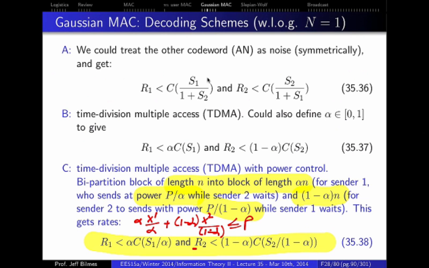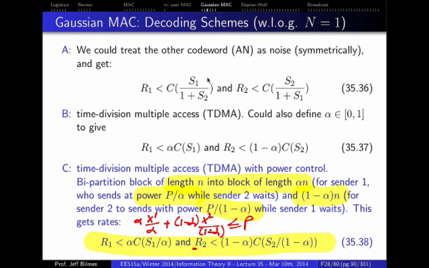Now, the question is, is this useful? We're still getting a mixture between these extremes, but it's not really a clear mixture anymore, because as we vary alpha from 0 to 1, C is a nonlinear function. What kind of function is it? It's log of 1 plus that thing, so it's a concave function. So it's going to get bigger, and there's a point at which C gets bigger before it gets smaller, if anything.